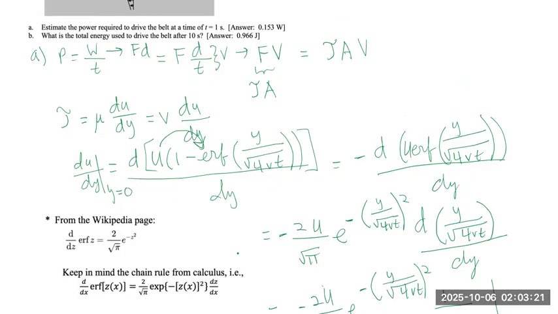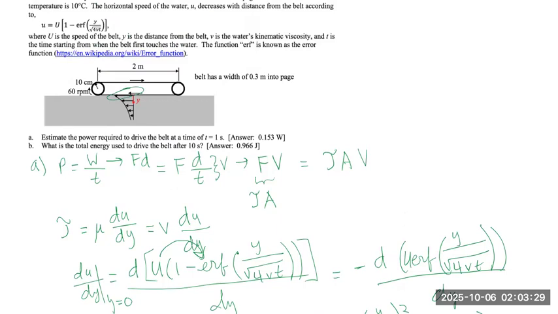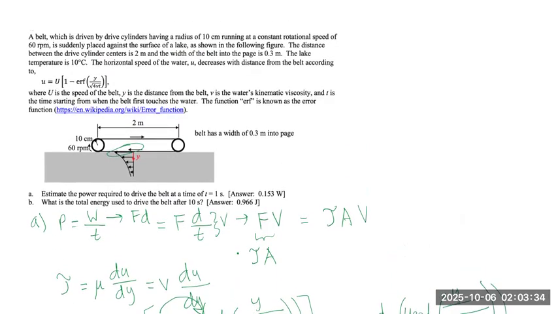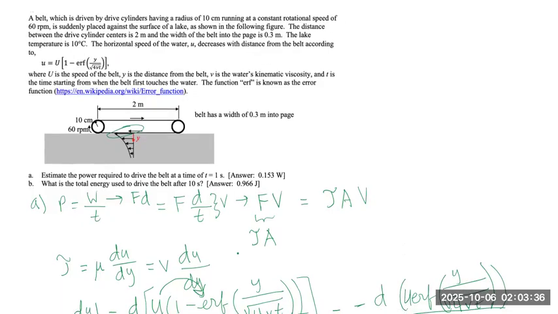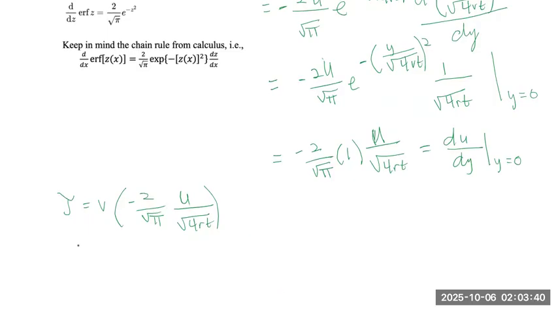Now, the shear force is going to be tau times A, and A is going to be the area of the belt that is in contact with the water. So shear force equals tau times A belt.